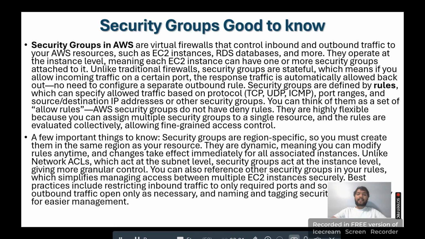You can also reference other security groups in your rules, which simplifies managing access between multiple EC2 instances securely. Best practices include restricting inbound traffic to only required ports, and naming and tagging security groups for easier management.